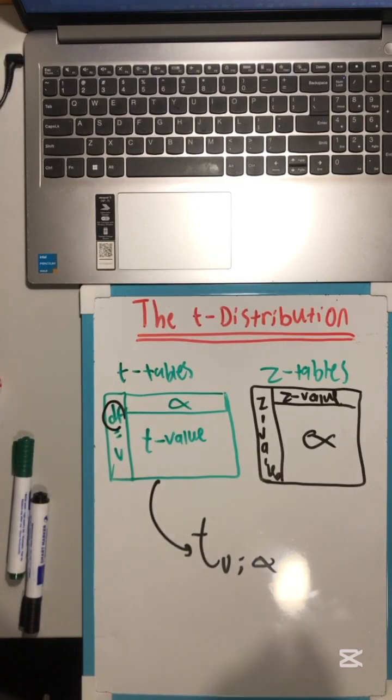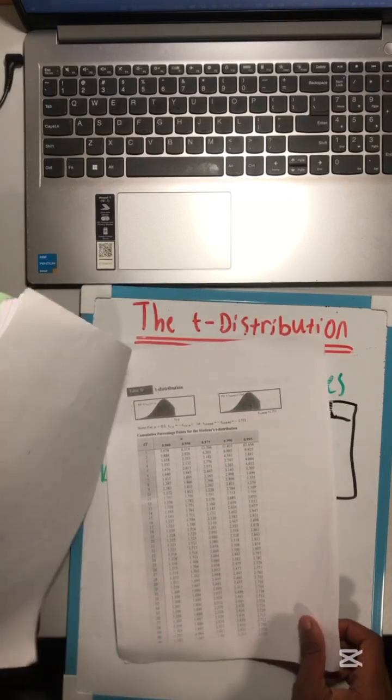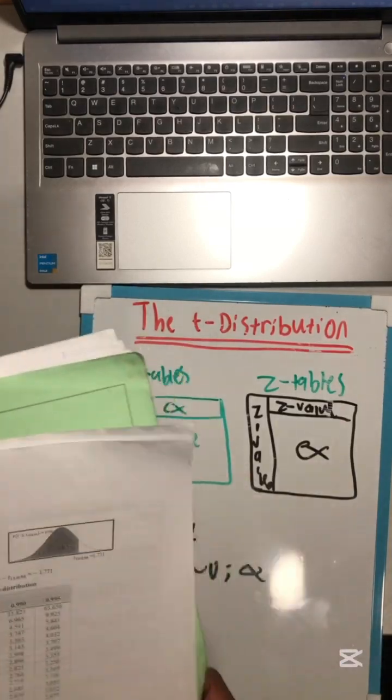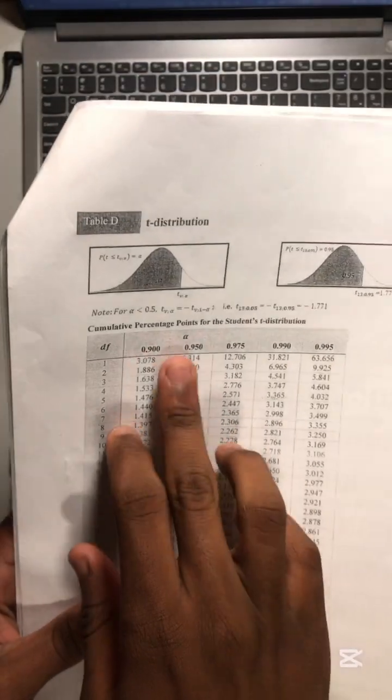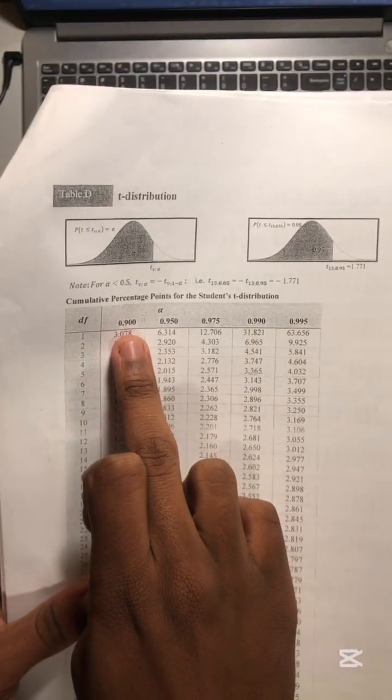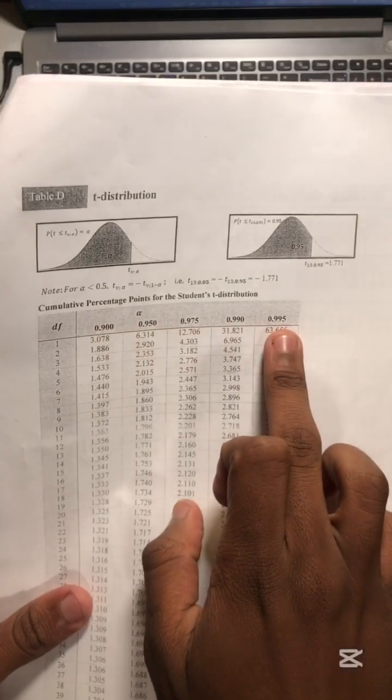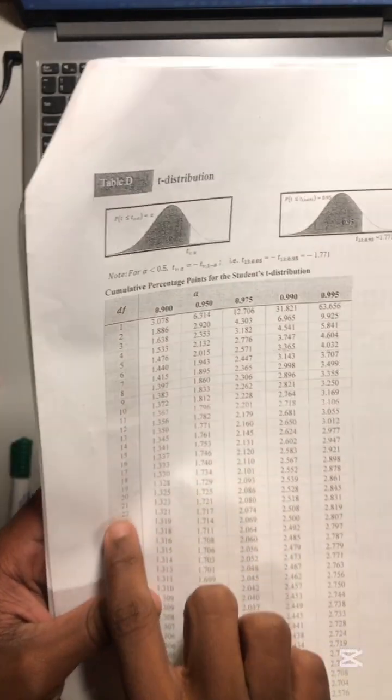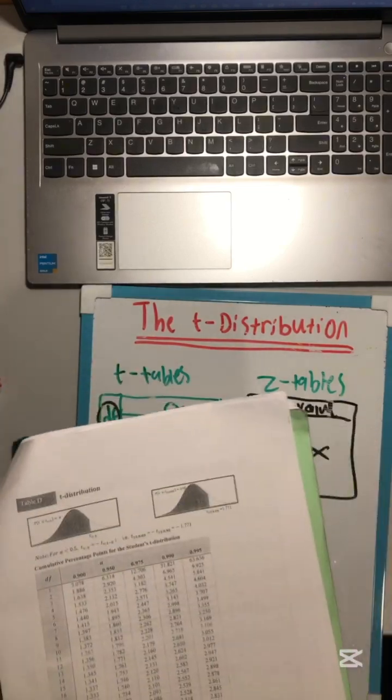Here's the t distribution, and as you might see, in the table you only have values of alpha, the probabilities from 0.9 to 0.995. We have values of alpha, here you have your degrees of freedom, and here you have your t values.